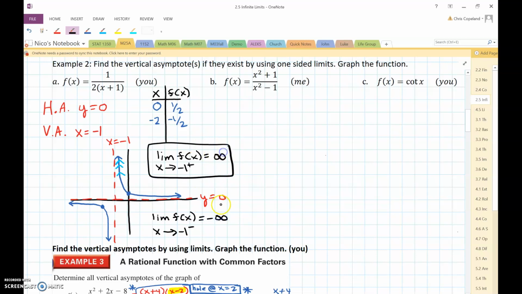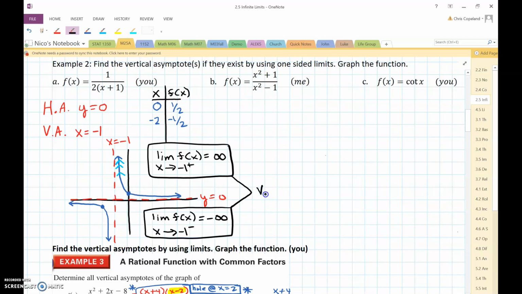This right here is how calculus states that there is a vertical asymptote. Sorry, I said horizontal at first.